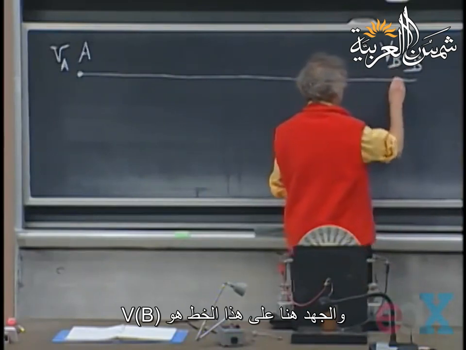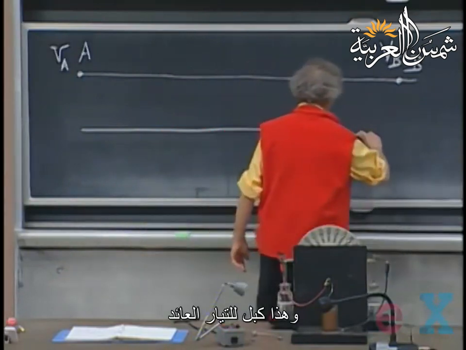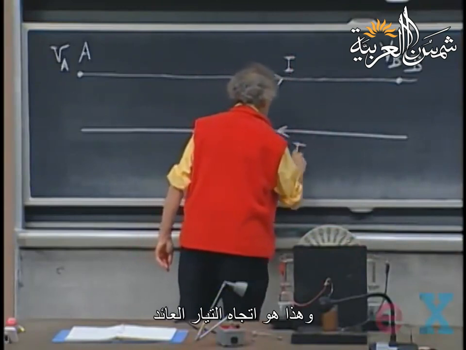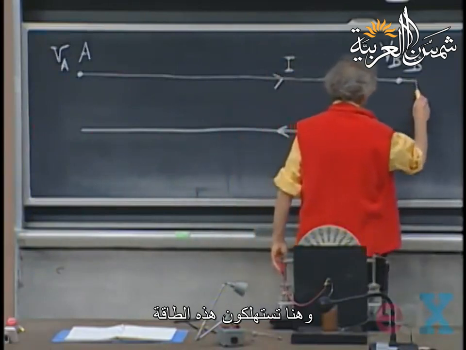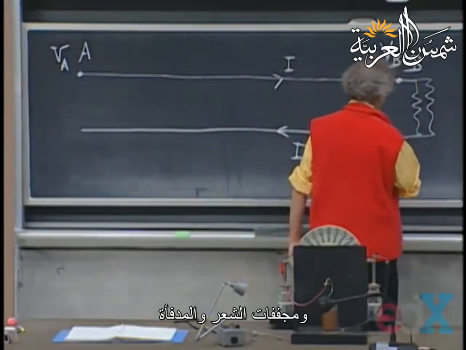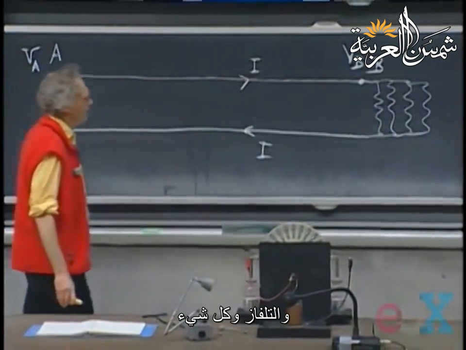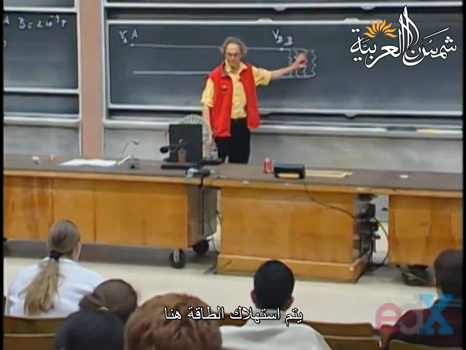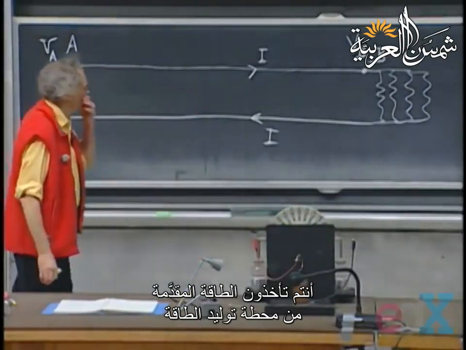And the potential here in this line is V of B. And here's a cable for the return current, so the current goes like this, and the return current is in this direction, and here you use this energy. You hook up your computer, your hairdryer, your heaters, electric toothbrush, your TV station, everything. And so you are the consumer here. You take the energy that is provided by this power station.